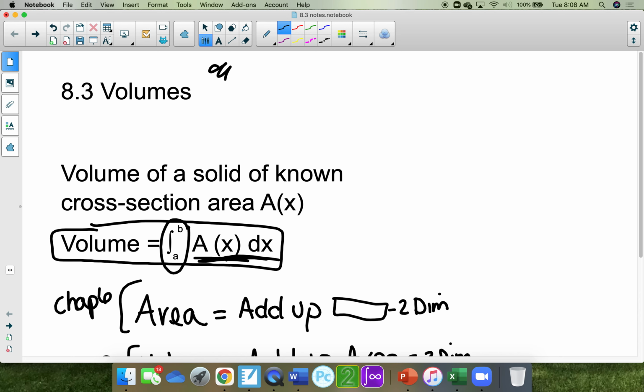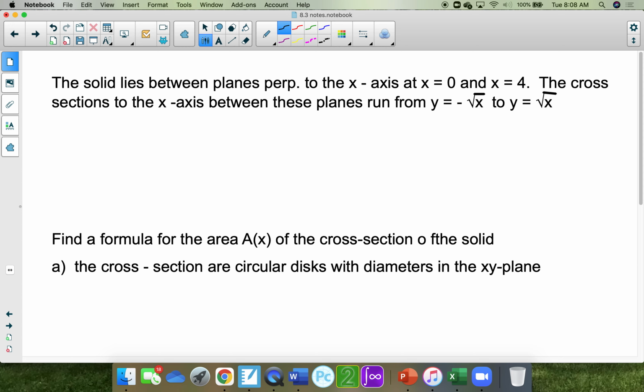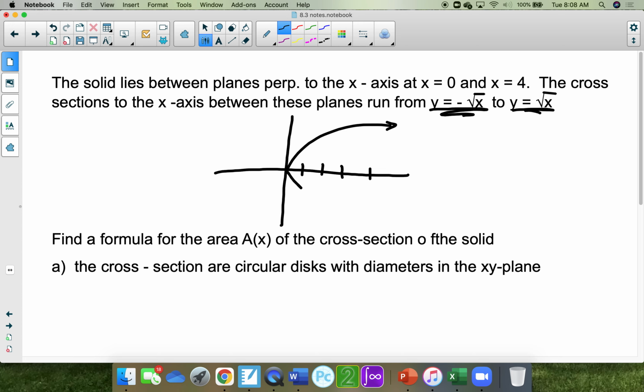So we're just going to set this up to find the volume, and we're going to use different areas or cross sections in each of these. So here's the first problem. The solid lies between the planes perpendicular to the x-axis from 0 to 4, and it's in between these planes, a negative root x and a positive root x, and we're going to 4.